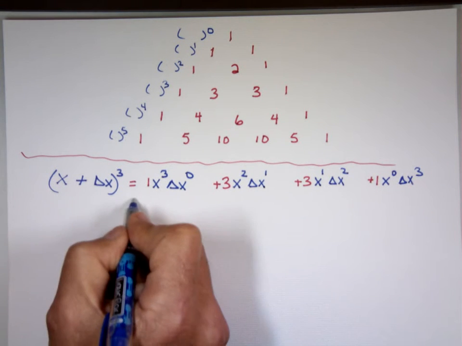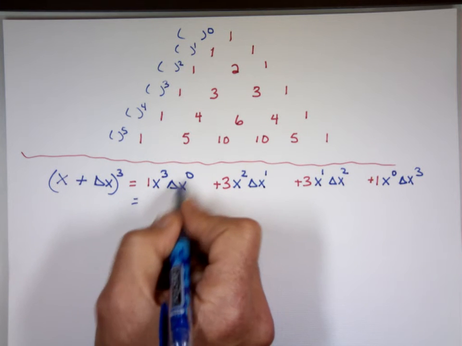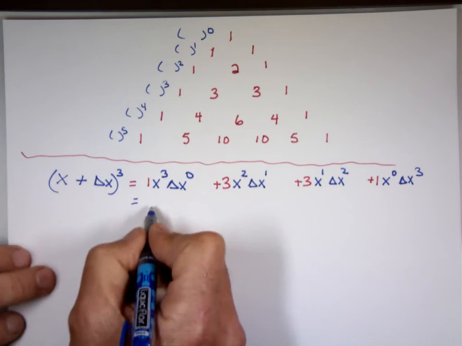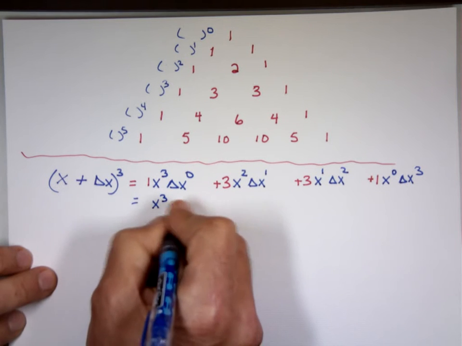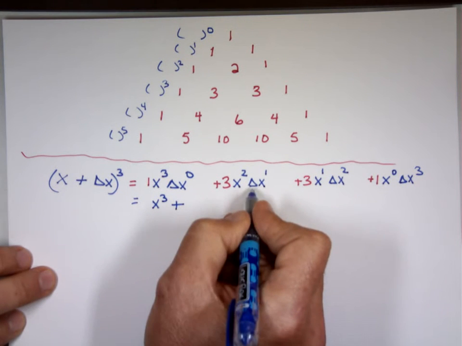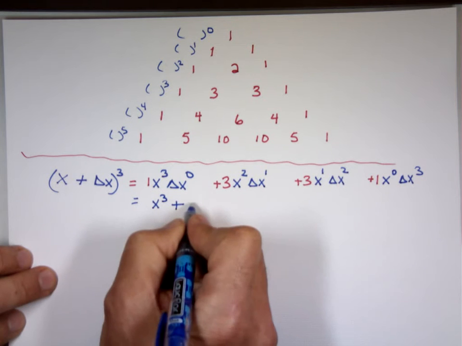What's delta anything to the 0 power? 1. 1 times 1 is 1. That's x to the third. What's delta x? 1. 1 times 3, 3x squared.